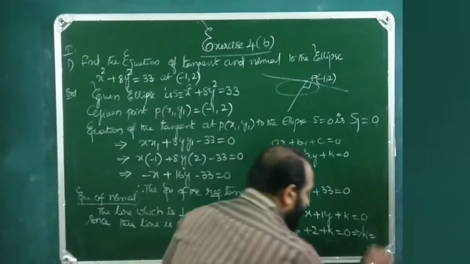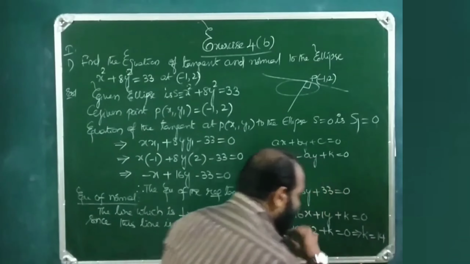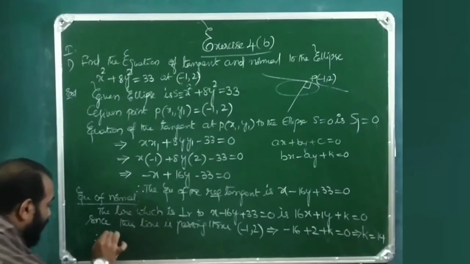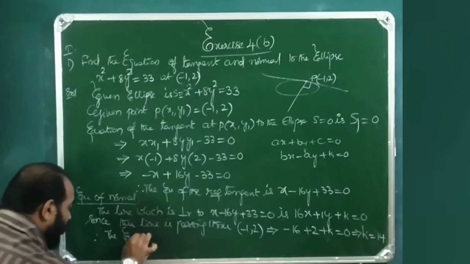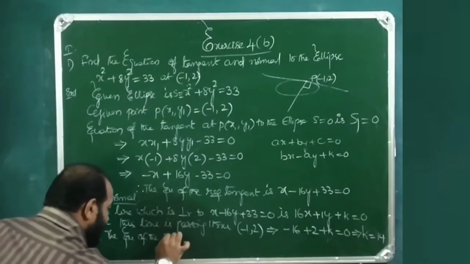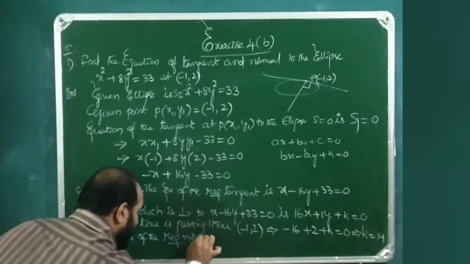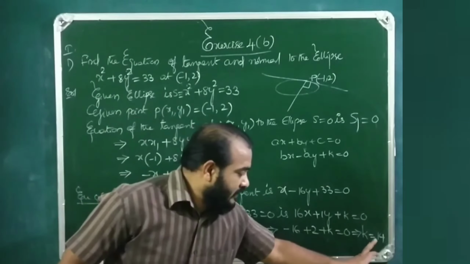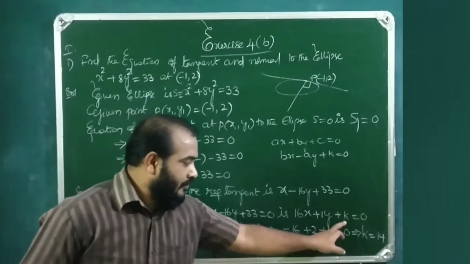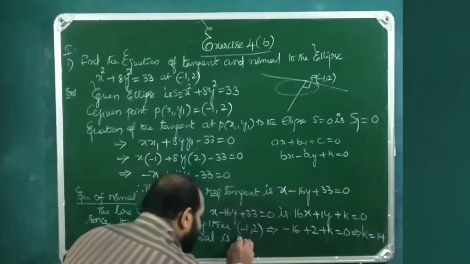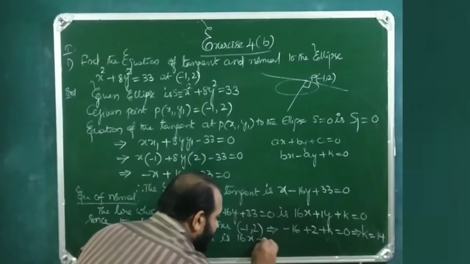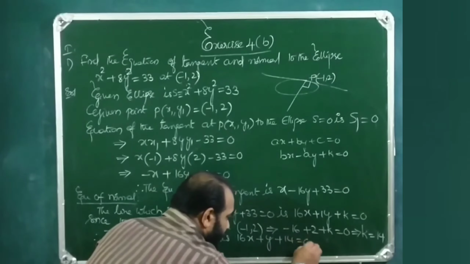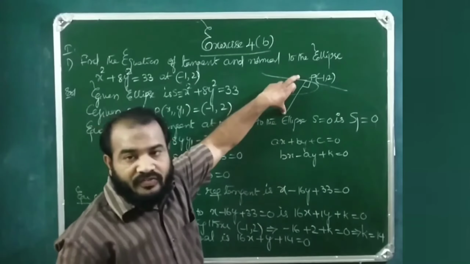If you transpose to the other side, that is plus 14. Therefore the equation of the required normal, replacing k with 14, is 16x plus y plus 14 equals 0. And this is the equation of this normal.